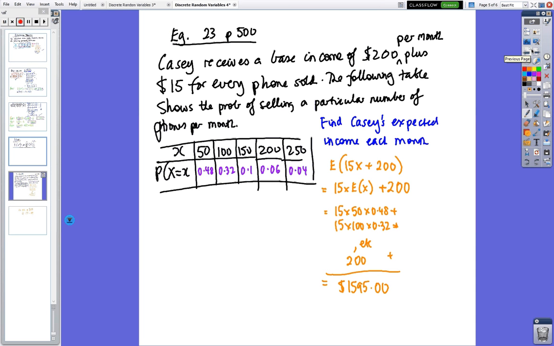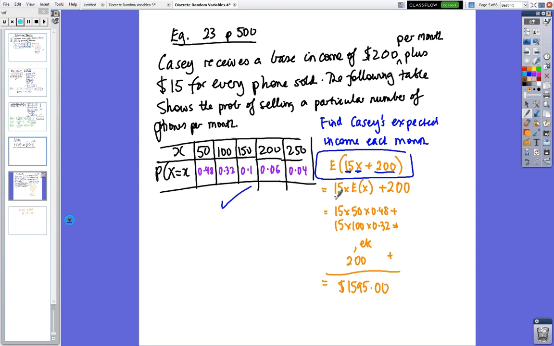Casey receives a base income of $200 a month plus $15 for every phone sold. The following table shows the probability of selling a particular number of phones. So you're given that information here. So the expected value of Casey's salary is $15 times the number of phones she sells, or the expected value there, plus $200.